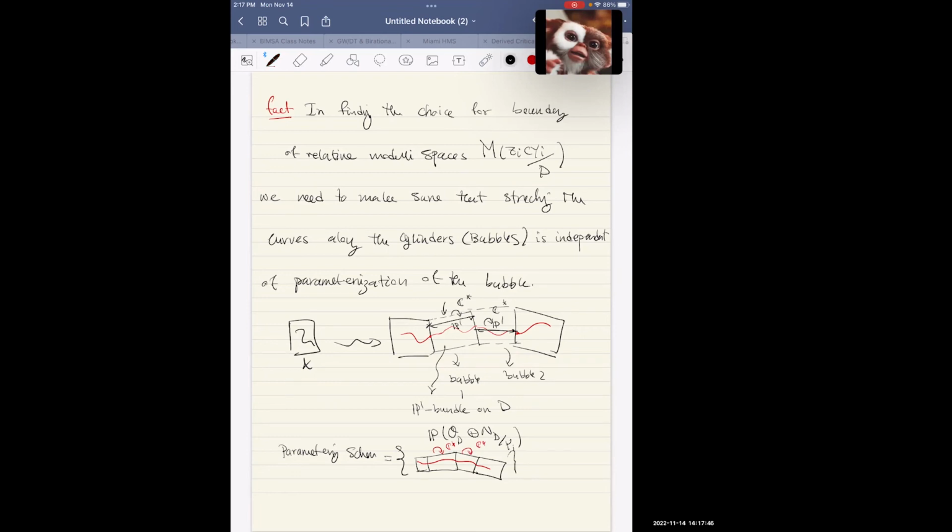Of course, there is a scheme that parameterizes pictures like this, but you need to mod out by the action of C star times C star. This C star action only moves things inside this cylinder and doesn't act on any of the other cylinders. That's how the action is defined, and the other one only acts on its own cylinder. If there are r bubbles, you will have r many C stars that you need to mod out by.